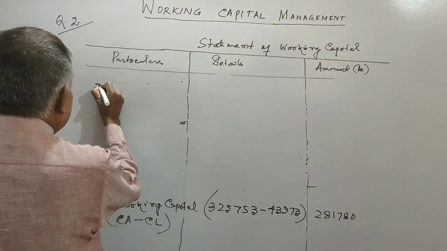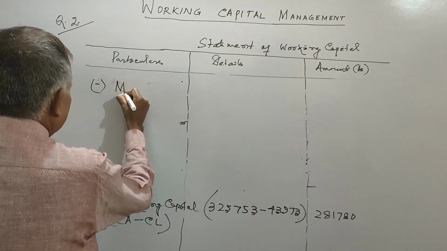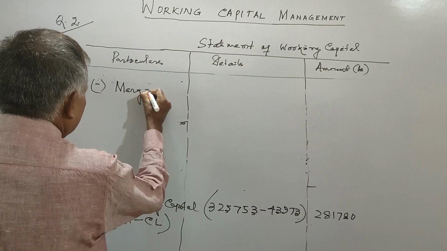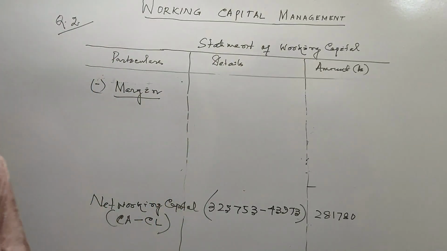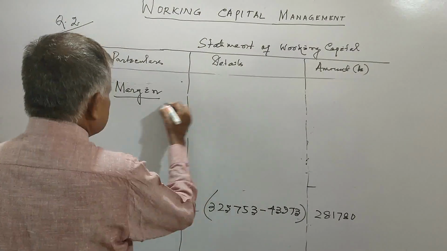Then we will deduct the margin. This margin is given in the problem on raw material stock, it is 20%.